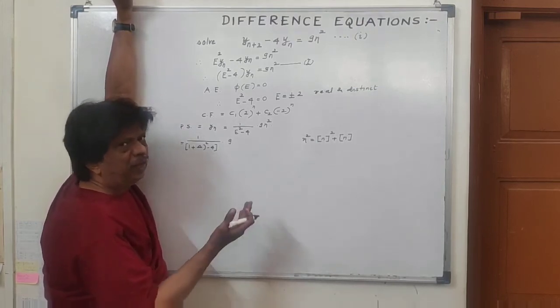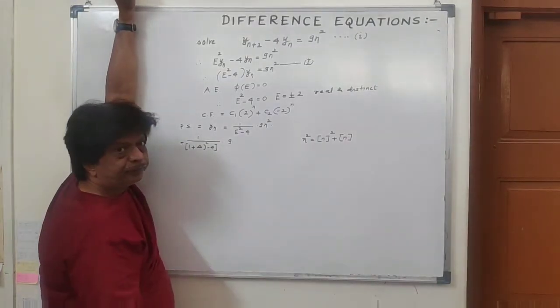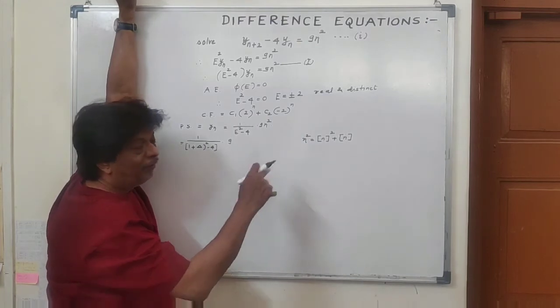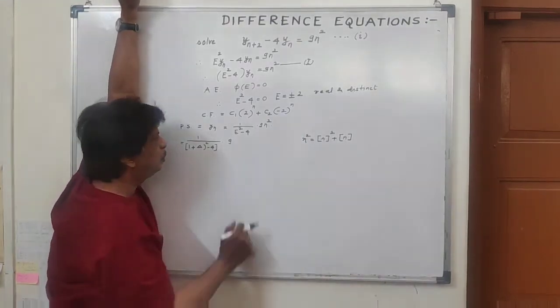So in view of this, n square is equal to factorial n square plus n.